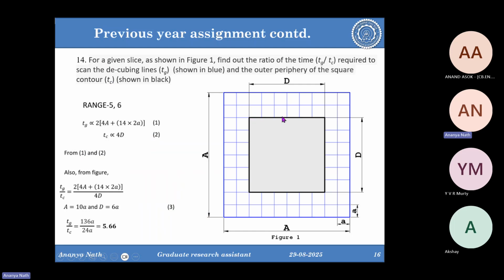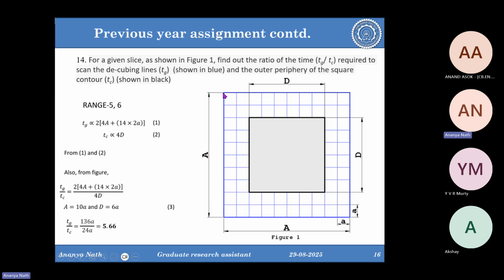Now lines means you just see this black line, which is equal to D. And inside D, we have 1, 2, 3, 4, 5, 6, so 6A. So D is equal to 6A. And A is this bigger one where the blue lines are there.